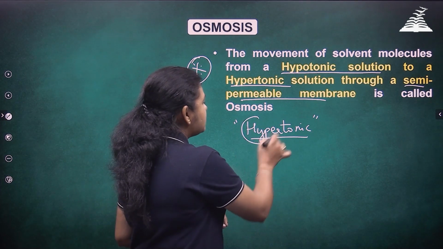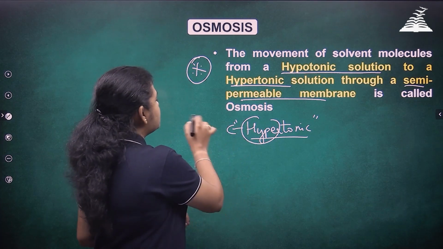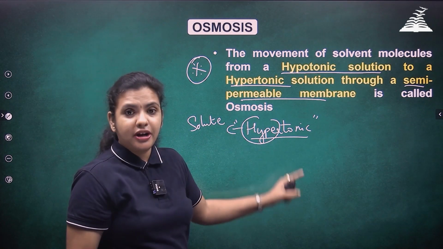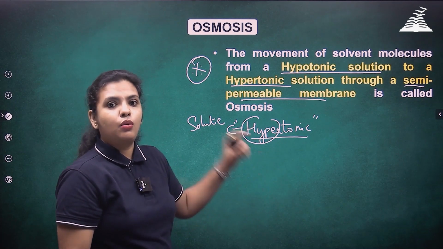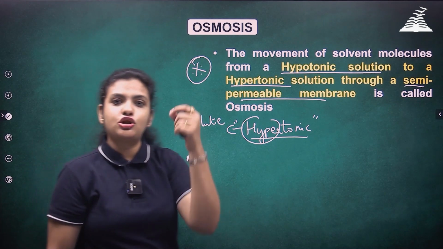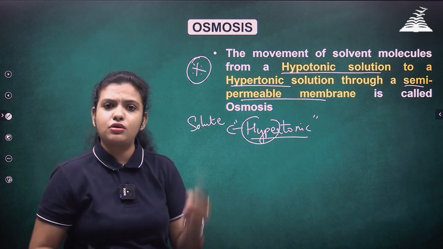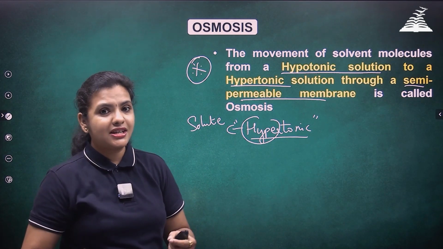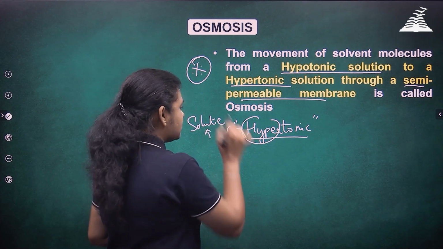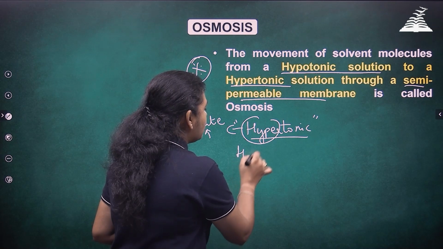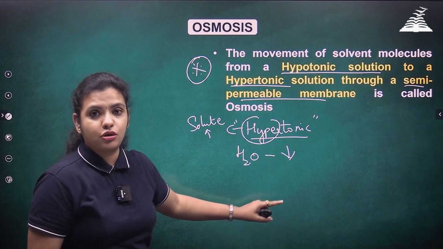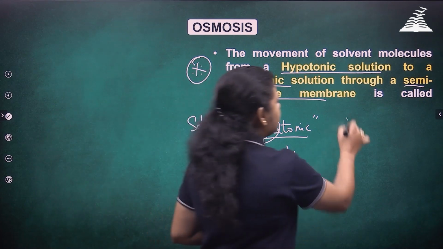It is the concentration of the solute molecules. So, when I say hypertonic solution, what is high? High concentration of solute, which means your sugar molecules or salt molecules are high. What is less? Water concentration is less. So, solute concentration is high and water concentration is less. That is a hypertonic solution. What is a hypotonic solution?